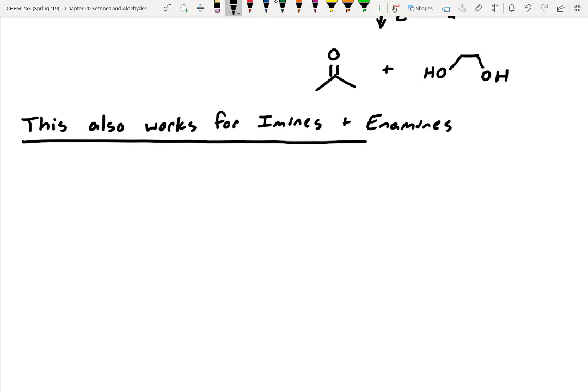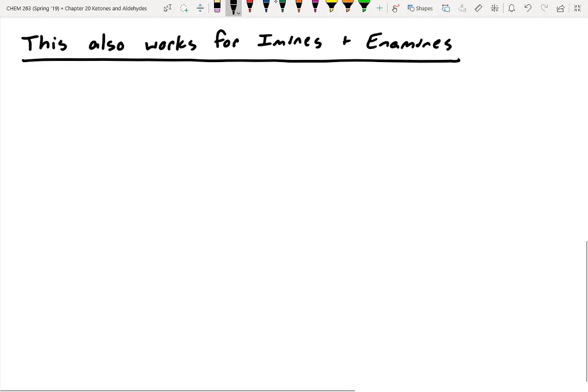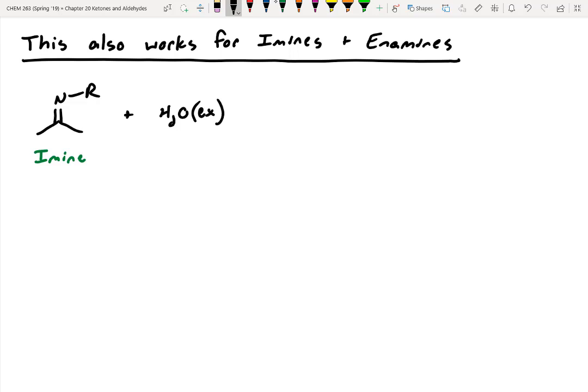So let's take a look at what this looks like if we were to have a nitrogen nucleophile instead. So first of all, is this an imine or an enamine? It's an imine. So if we want to pop off that imine, same thing as before, we're going to add excess water.